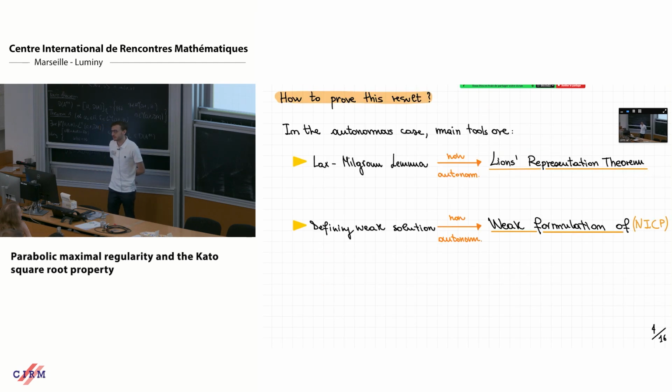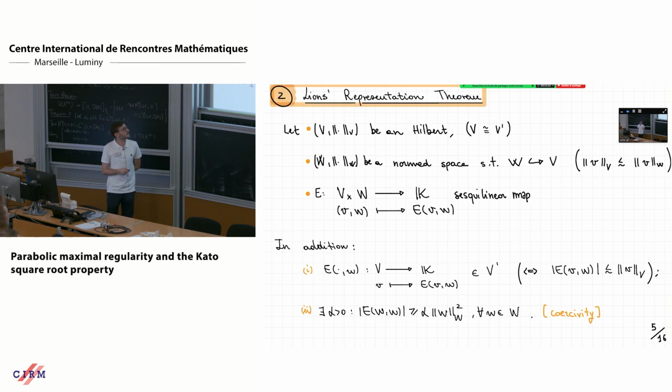Let's have a quick look at the autonomous case, where we need a weak formulation of our problem. And then the Lax-Milgram lemma will give us the existence and the uniqueness of the solution. So here we will need a weak formulation of our non-autonomous problem, and we will replace the Lax-Milgram lemma by the Lions representation theorem, which is a more general result than the Lax-Milgram, because we will deal with a Hilbert space, a sesquilinear form defined on the product of a Hilbert space and a normed space.